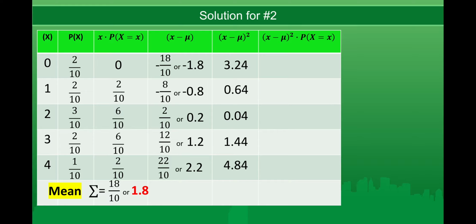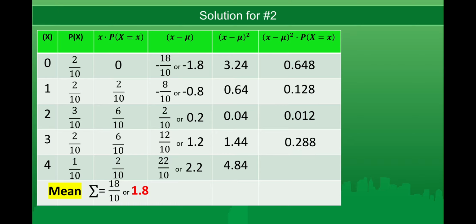Then after that, we're going to multiply this by the probability of x, that is 3.24 times 2 over 10 is equal to 0.648. Then we have 0.64 times 2 over 10 is 0.128. And 0.04 times 3 over 10 is 0.012.